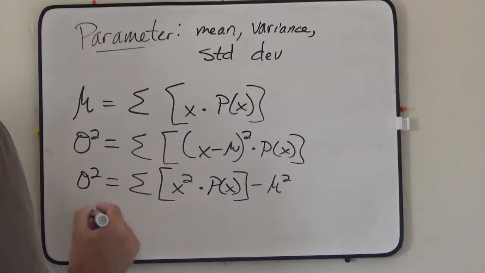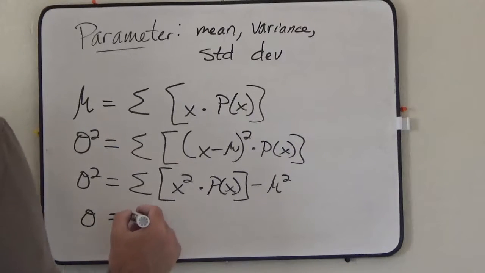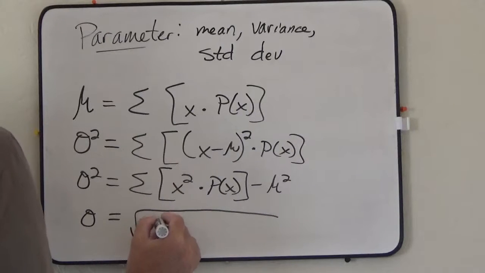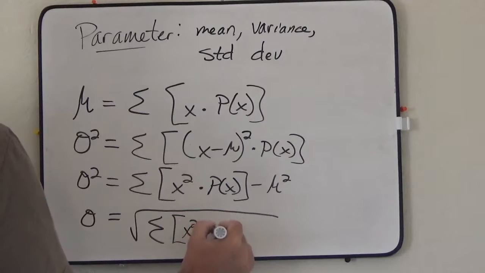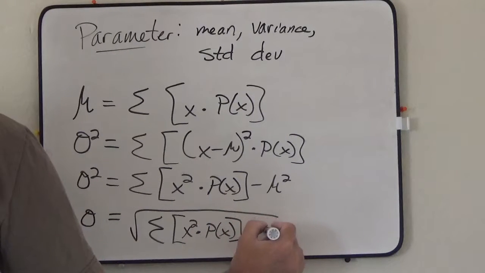Finally, this symbol right here without the square on it means standard deviation. And that is found by the square root of the sum of this equation right above it. X squared times P of X minus mu squared. I can't draw mu.